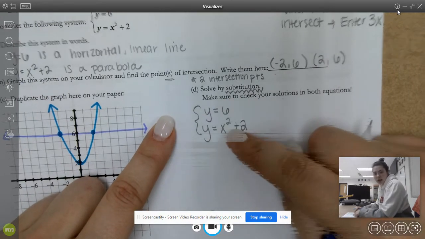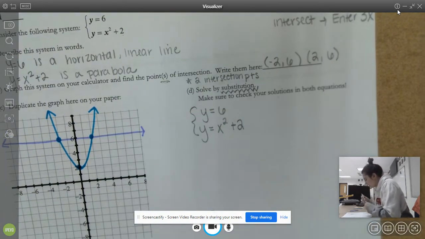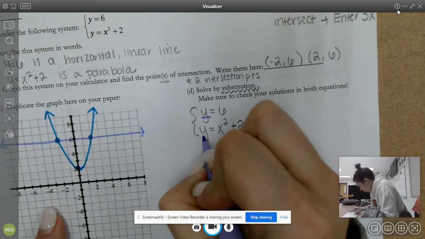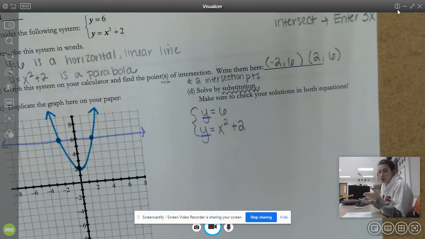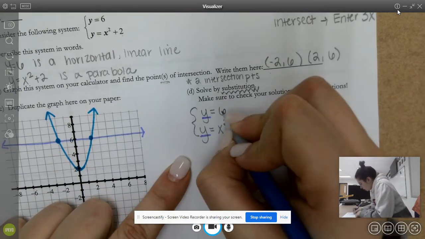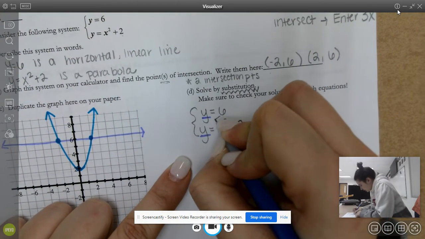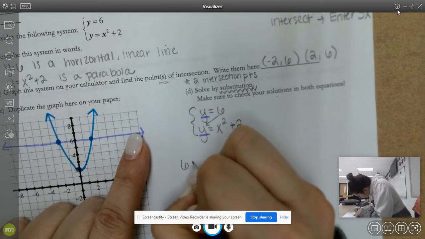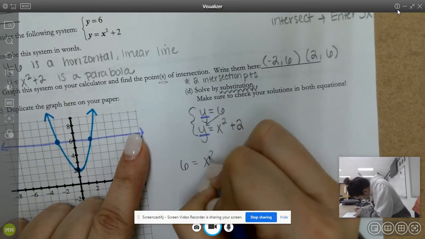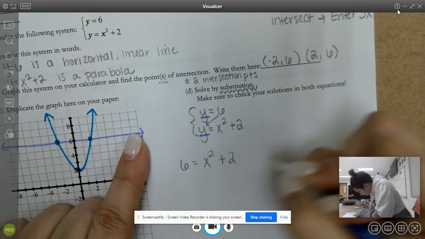If we take a look at both equations, we notice that they are both equal to y. So therefore, we can use substitution because we can substitute one of the y values in for the function of y. So we can substitute this 6 in for that y, and say that 6 is equal to x squared plus 2.